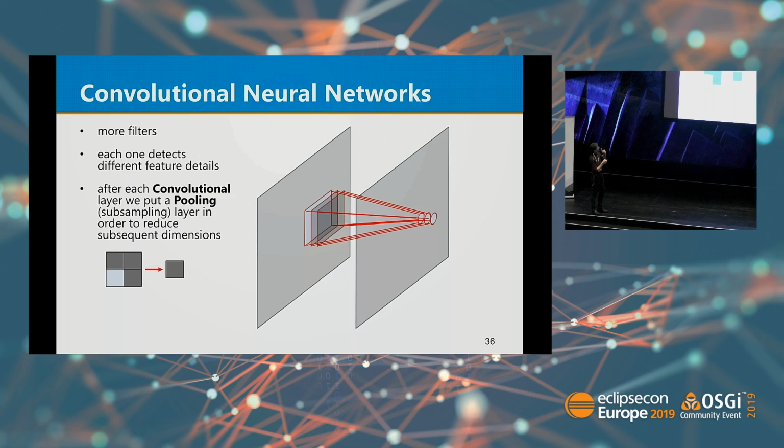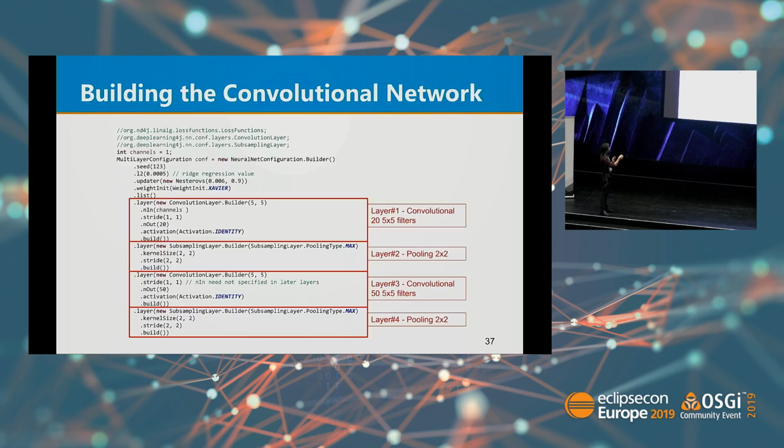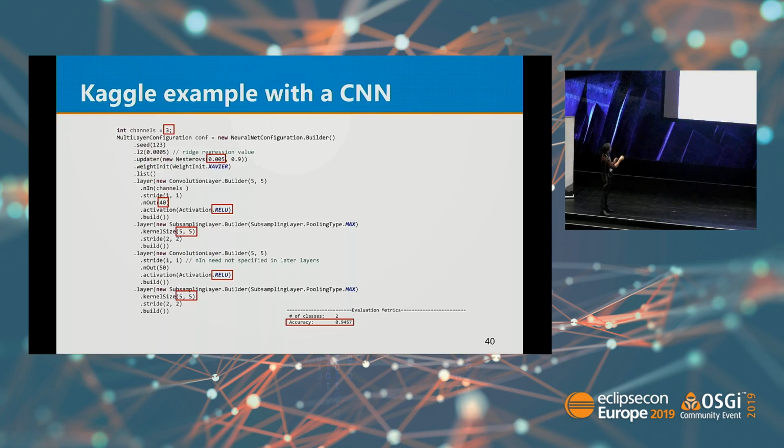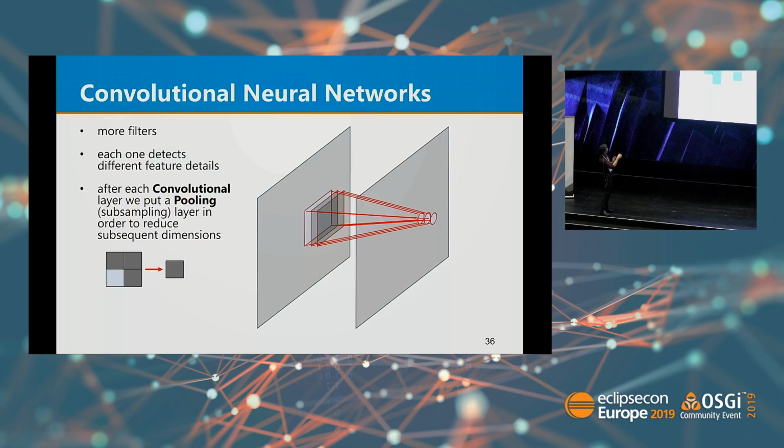With convolutional neural networks, we usually use a pair of a convolutional layer and then a subsampling, pooling layer, which reduces dimensions, taking maybe the mean or the max value of a grid.